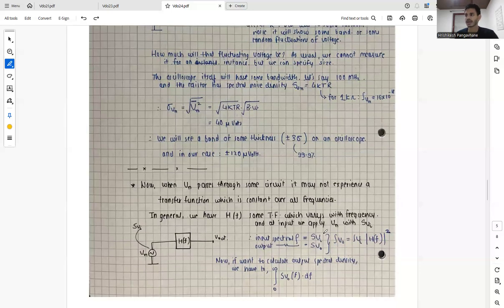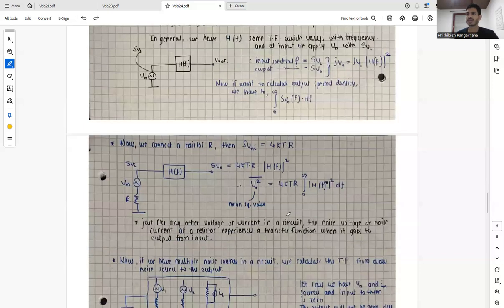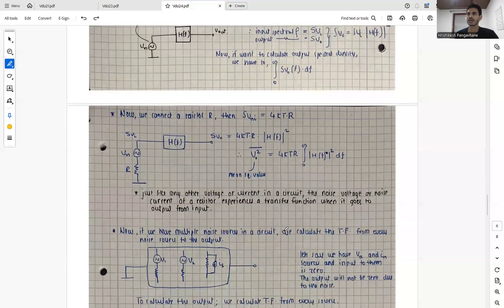Now, if we want to calculate output spectral density, we have to integrate S_V naught(f) df from 0 to infinity. And we know S_V naught(f) is basically S_VI times the square of the magnitude. Now what we'll do is we connect a resistor R, and then S_VN at input is nothing but 4kTR, and S_V out is 4kTR times the square of the magnitude of the transfer function.